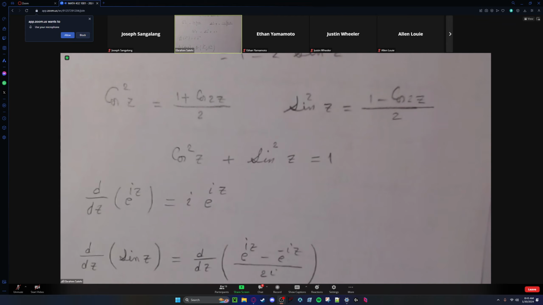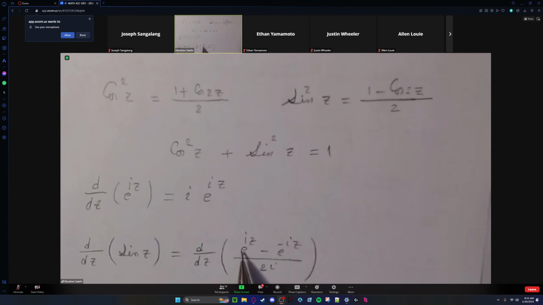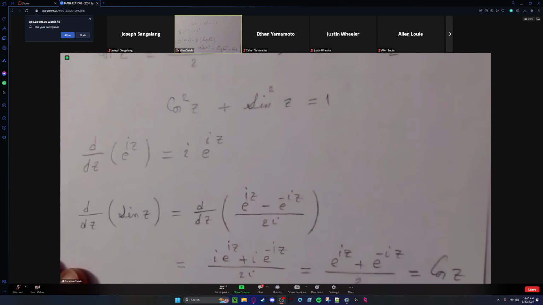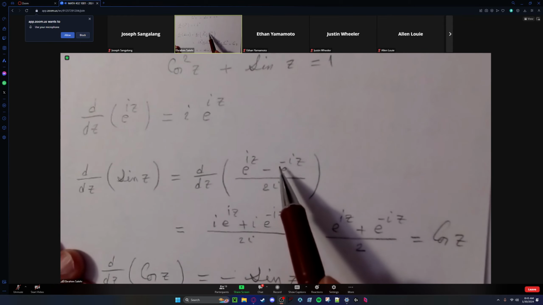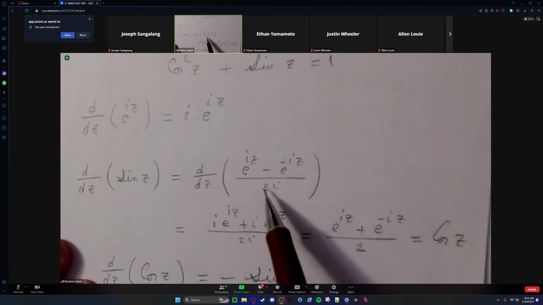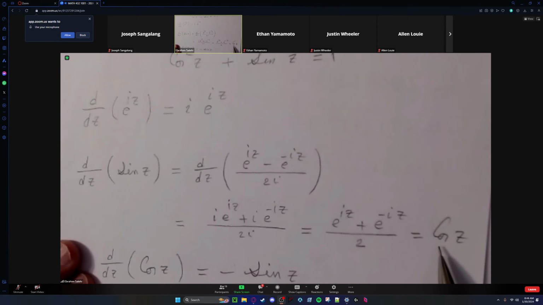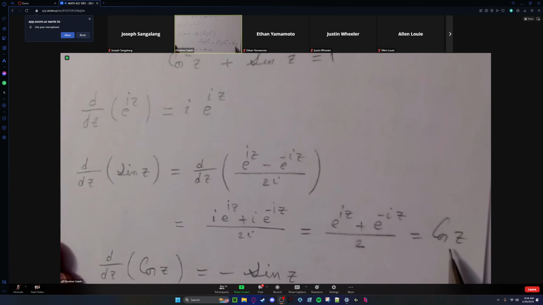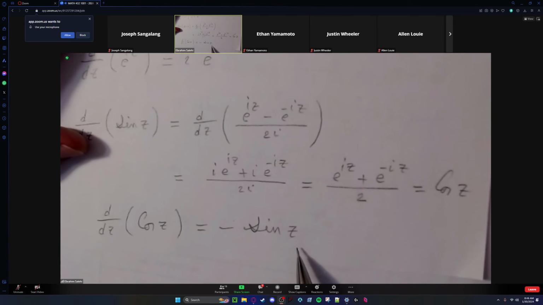Denominator is a constant. And if you take derivative of this one, you will get i e to the iz. Derivative of this one, negative, will give you plus i e to the iz divided by 2i. i cancels, and you get cosine of z. So derivative of sine z is cosine z, and derivative of cosine z is negative sine z.